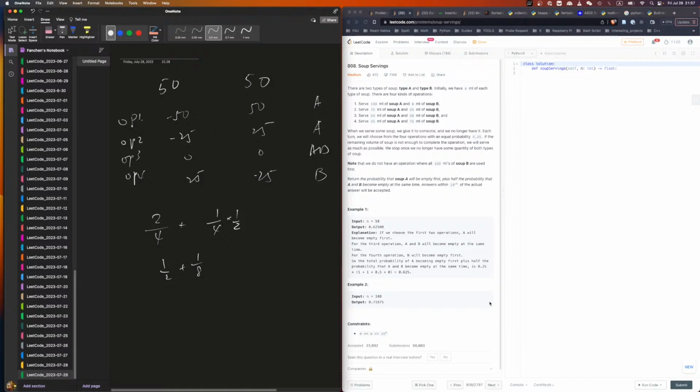Or, as this one says, if each operation is 1/4, then we have 100% plus 100%, and then this is also 100%, but we have to divide by 2, so it's like this.